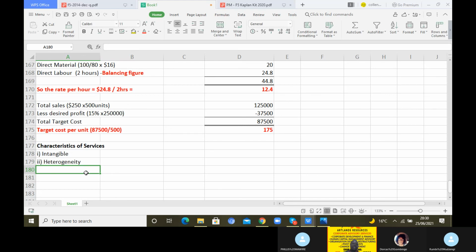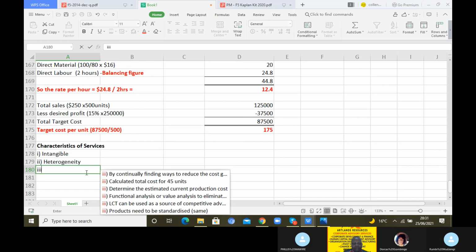That's the danger of services. Because of that, we can't have a target cost for a service, because they are heterogeneous. If I'm a dentist removing teeth, one customer would come with a different set of teeth problems than the other. So I can't have a single target cost for teeth removal.